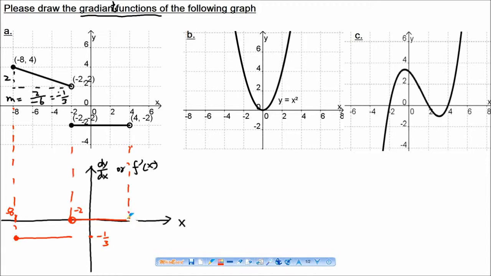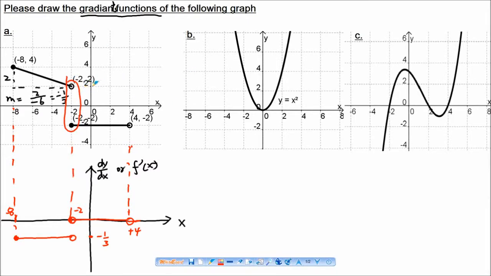This is +4. The tricky part is the dot here.